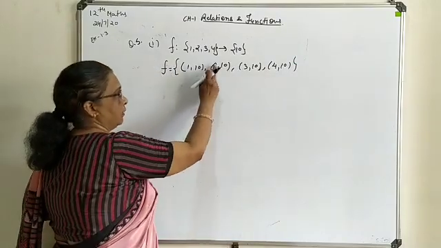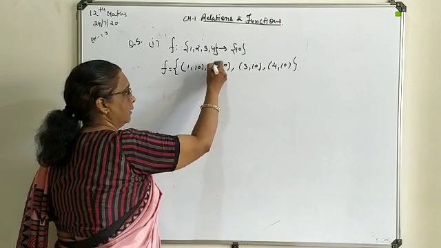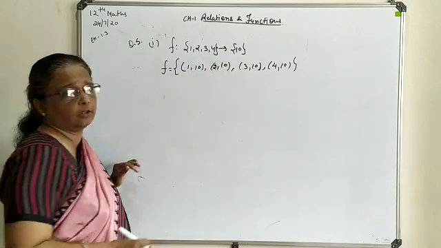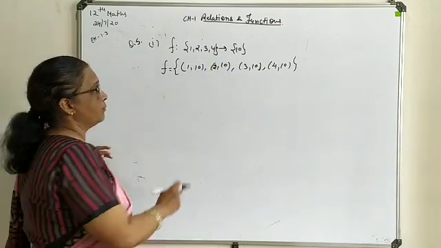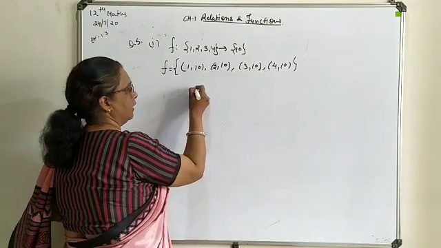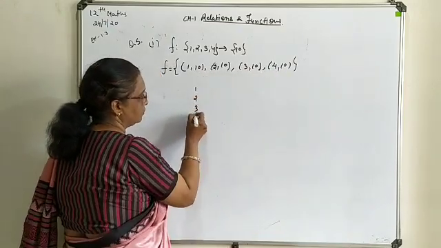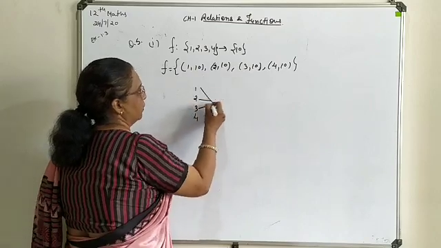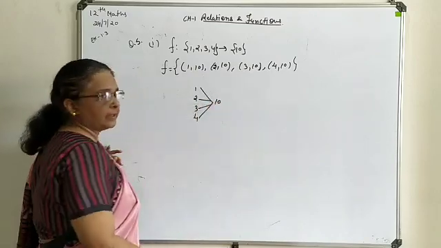Here from the given question it is very clear that this function is not one-one, because you can see 1, 2, 3 and 4, all 4 values are going to map to a single value, that is 10.